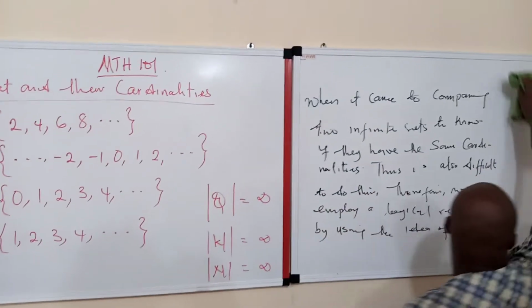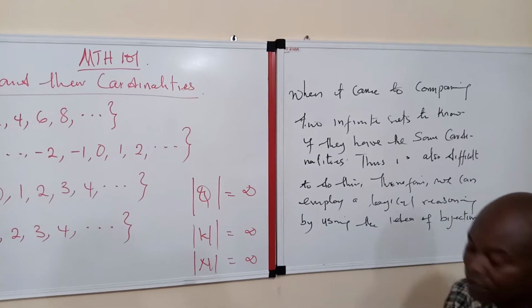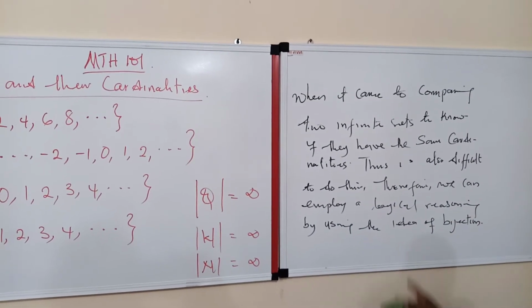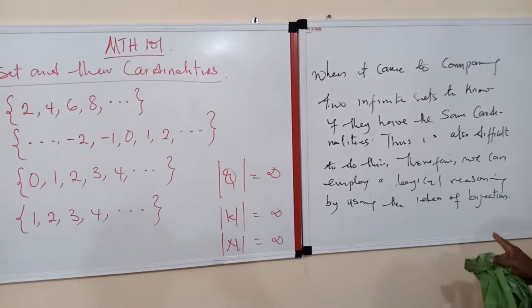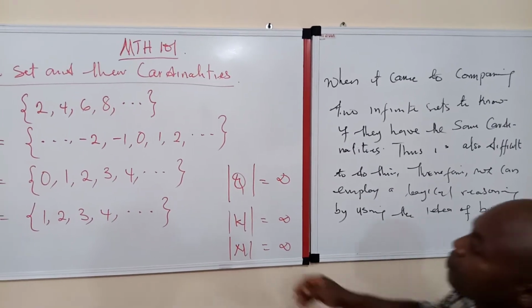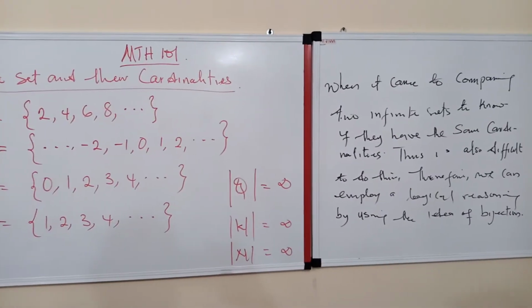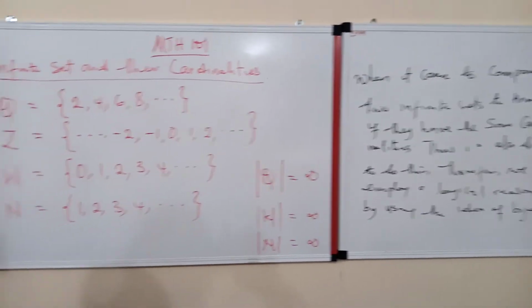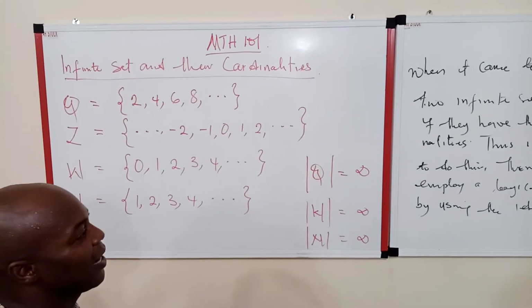So with this, I am saying that it's not as easy as we did in the case of the finite. So in this case, we are just going to use the idea. But in doing this, we will look at infinite sets in terms of countably infinite and uncountably infinite sets.